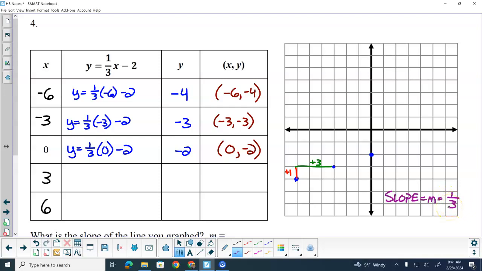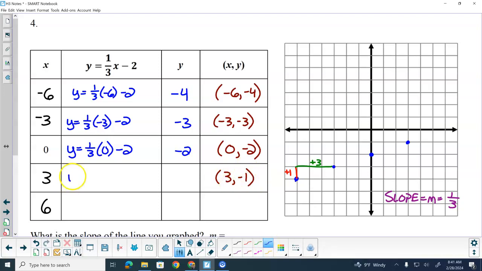Rise of positive 1, run of 3. So without even doing this one, I could just go rise of 1, run of 1, 2, 3. That point is going to be right there at 3, comma, negative 1.